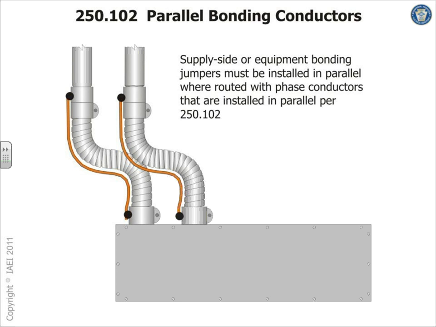Here's another. If you parallel another supply side bonding jumper external, it doesn't have to be internal, right? Going across the flex, because the flex is not qualified as a bonding or equipment grounding conductor, as we all know. So you have to bond around it.